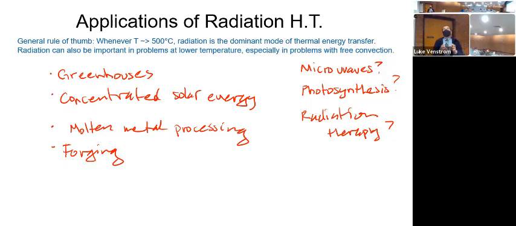So would it fall under heat transfer? Yes. Is the microwave emission itself thermal radiation? I would say no, because we have to do something special to make that radiation come out. Does that make sense? So microwaves are not thermal radiation, but definitely radiation.